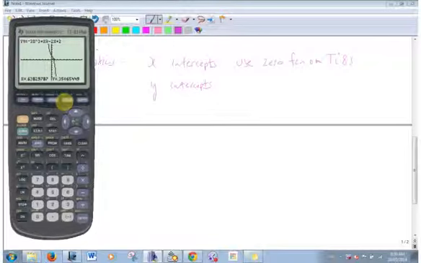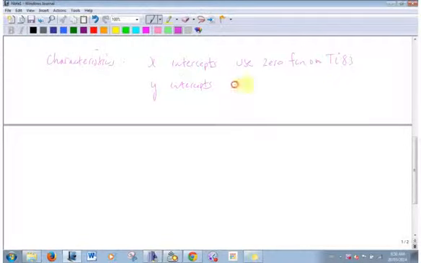Hit the trace button, and then just go x is 0. Enter. Y is 2. But we already knew that. So there is a way to do it.